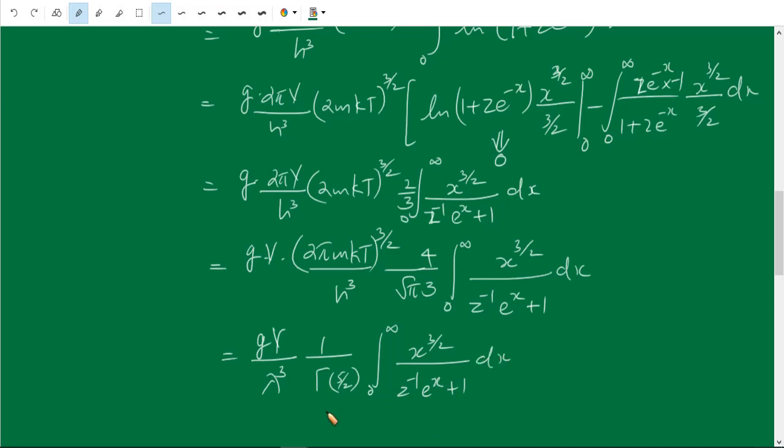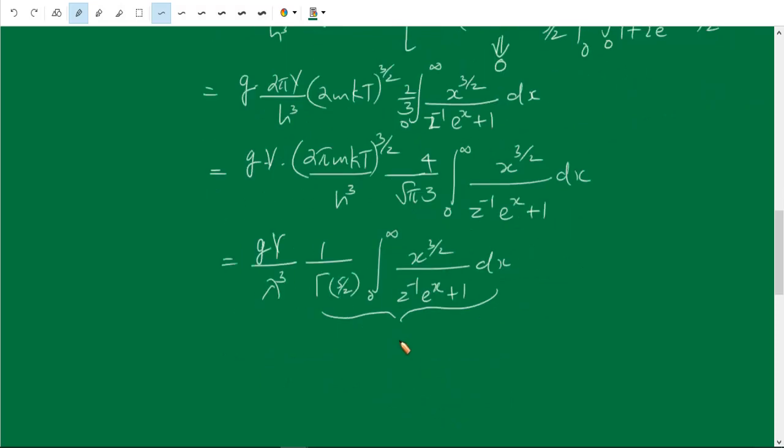This quantity is called f 5/2 of z. This is the Fermi Dirac function.